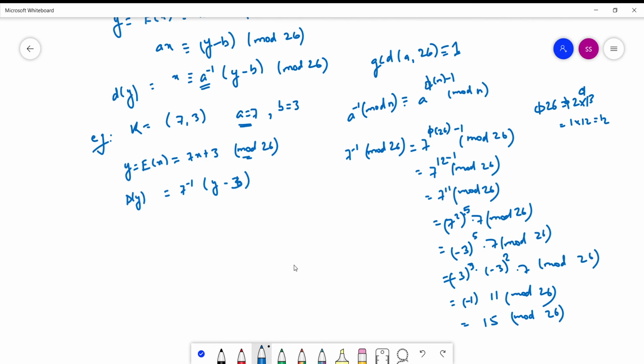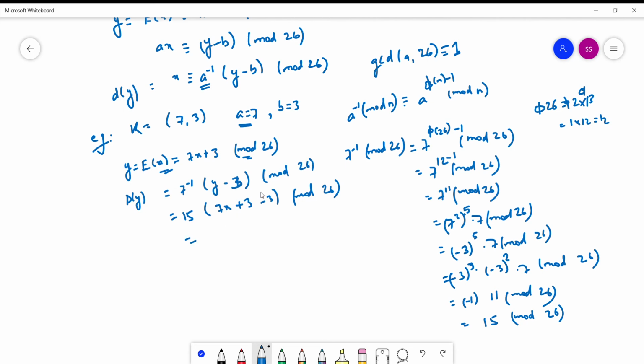Okay, so I can write this equation as 15 into, I will take the value of y. So value of y is 7x plus 3, right? Plus 3 minus 3 mod 26. It is also mod 26.